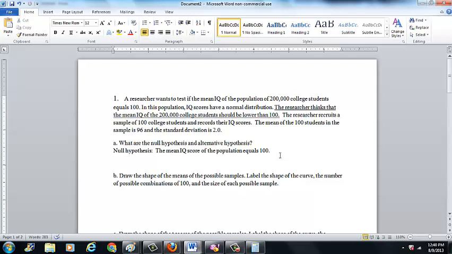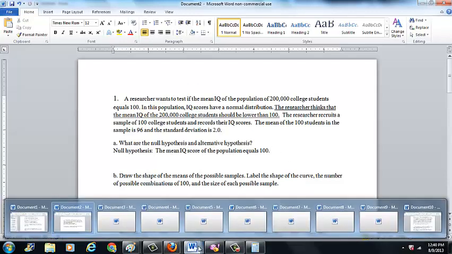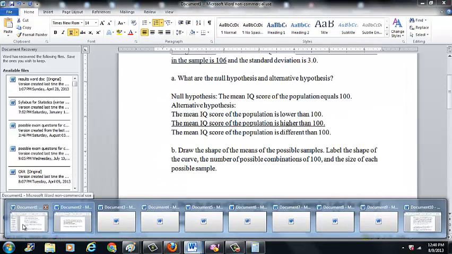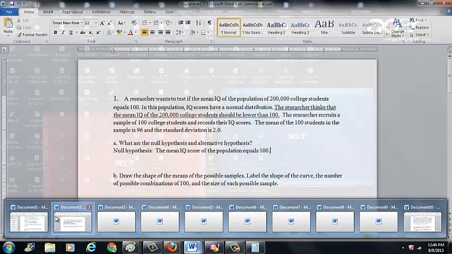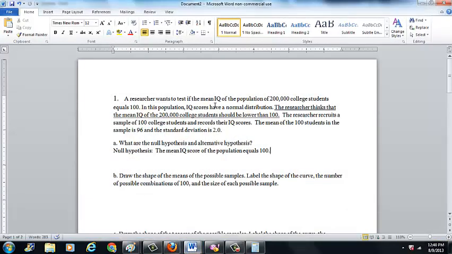I said that there were 3 different versions of the alternative. Last time we picked the choice that said the mean IQ score is higher than 100. Now we have to figure out what it's going to be this time. This says the researcher thinks that the mean IQ score of the population should be lower than 100.